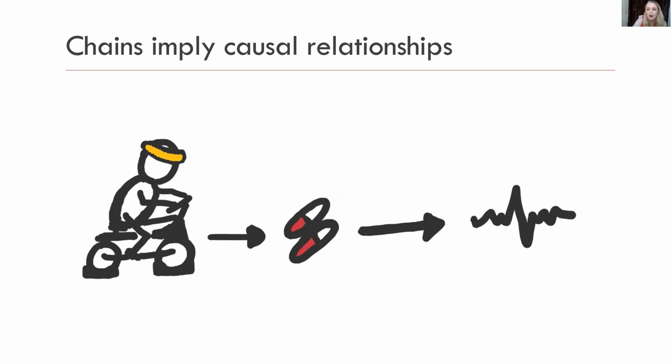So now let's talk about how we can have variables and edges related in our DAGs. The first and simplest type of relationship between variables and edges is what we call a chain. So here we have this little person exercising, an arrow from exercise to medication, and an arrow from medication to heart rate. So this chain implies the possibility of a causal relationship between exercise and the requirement to take medication, and between medication and heart rate. And importantly, this does not tell us about the magnitude or direction.